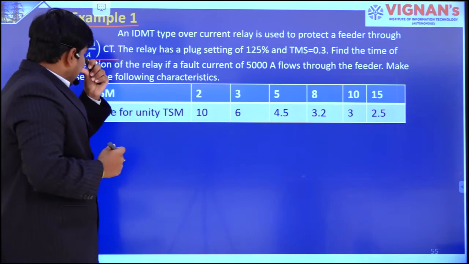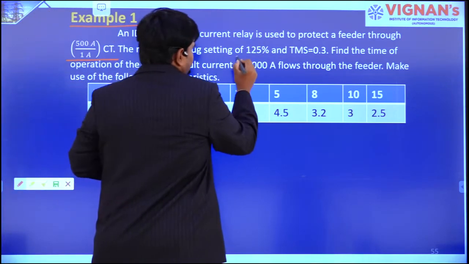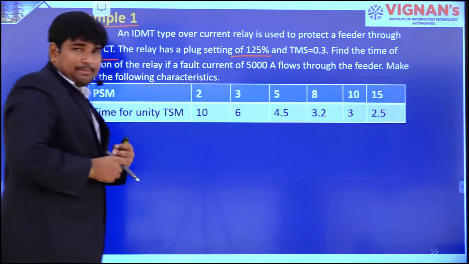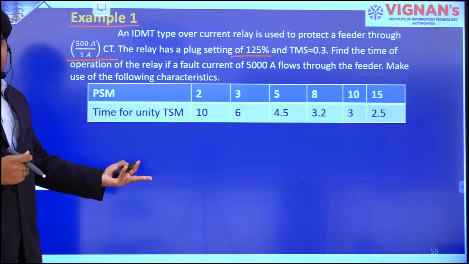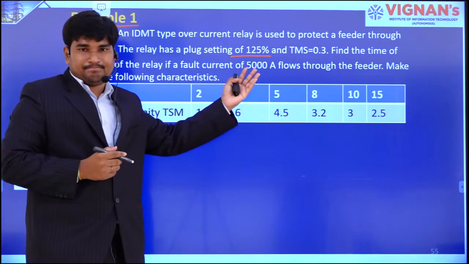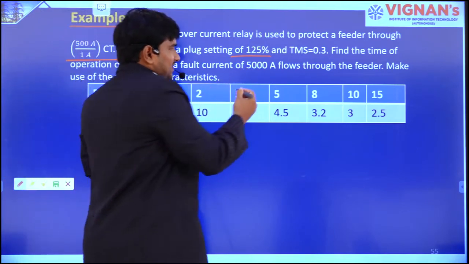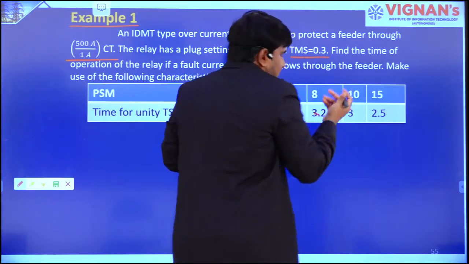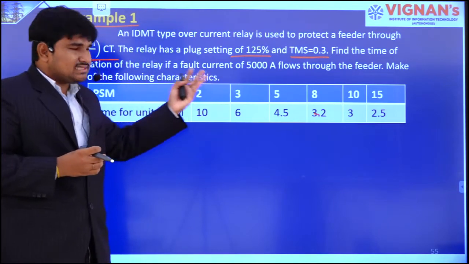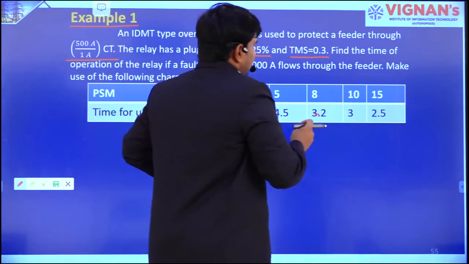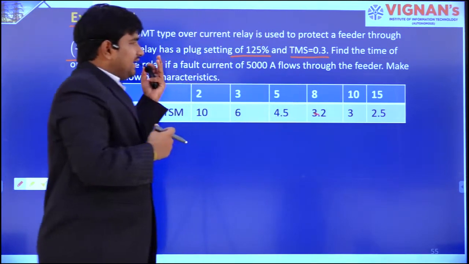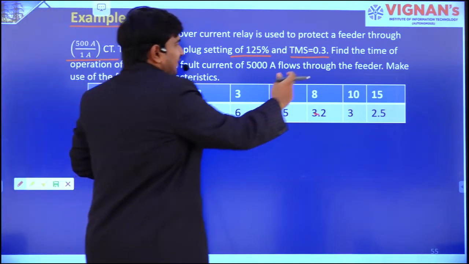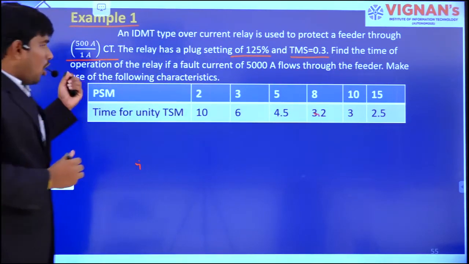The relay has a plug setting of 125%, that means percentage of IP, and the TMS or TSM is 0.3. These are the given data. From this, find the time of operation of the relay.